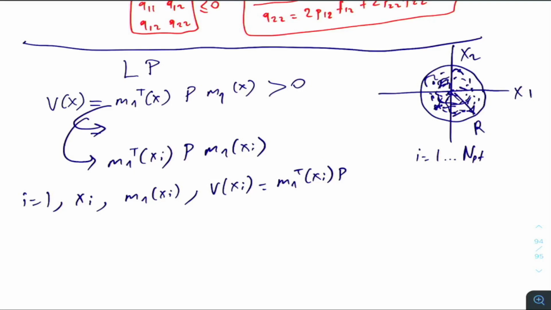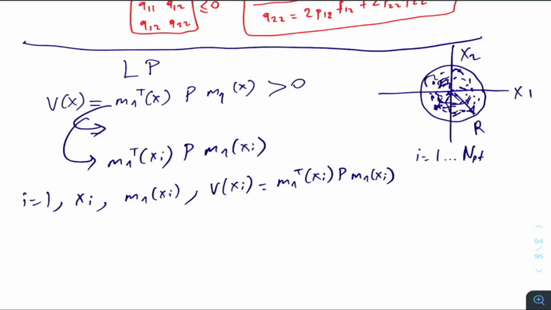This is something that you know at this point. These are just numbers, right? Okay, weights, and m1 of xi. Here in this term, the only thing that you don't know are the p terms, the p entries, right?